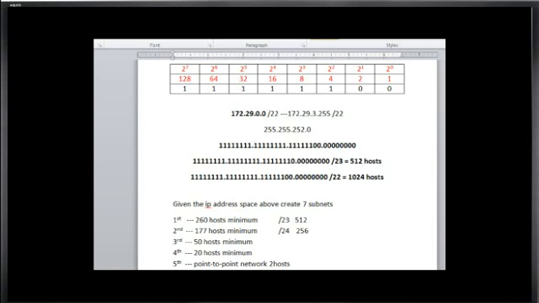For 50 hosts minimum, all we need is, let's see here, we change these to ones. And in the last octet, let's count the ones, /26. That would give us 64 hosts.